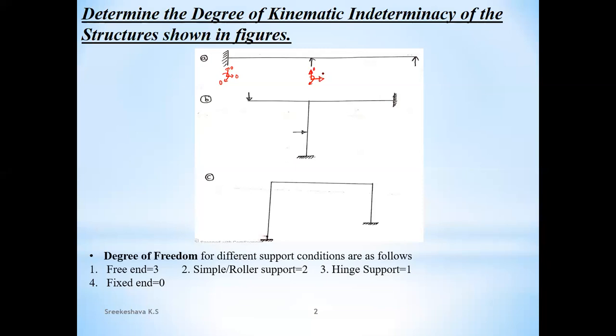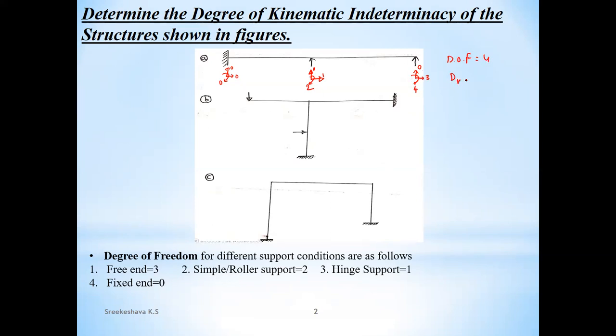It is possible and it is possible. Now, here, how many reactions are there? 1. So this is 0. This is possible. This is possible. What is degree of freedom now? 4. Now apply your equation.